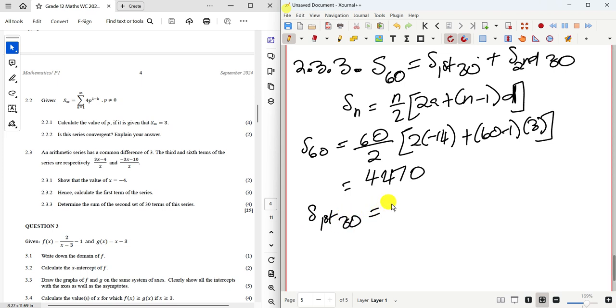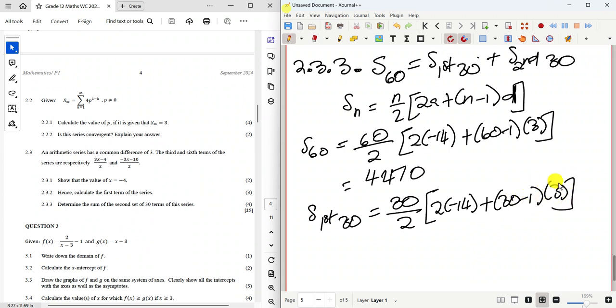Now, the sum of the first 30: it is 30 over 2, because you're starting from term 1 to term 30. The first term was negative 14, and it is 30 minus 1 times the common difference, 3. So this is 15 times (minus 28 plus 29 times 3), which gives 885.